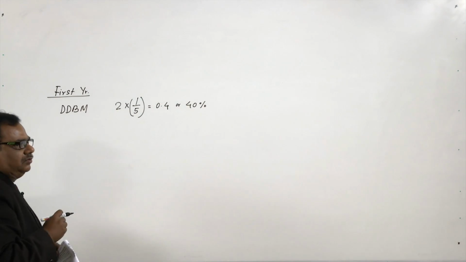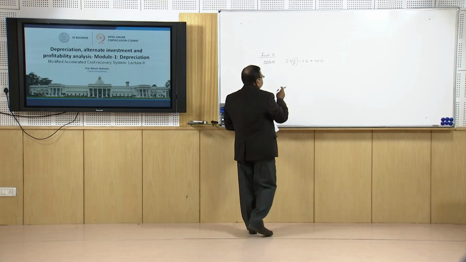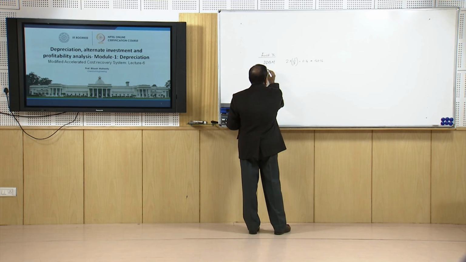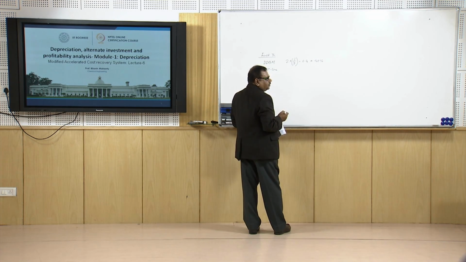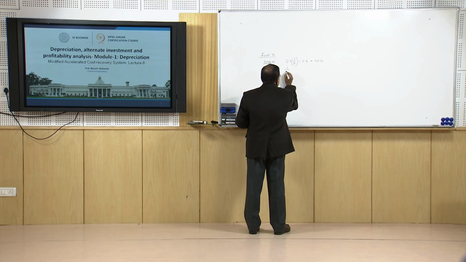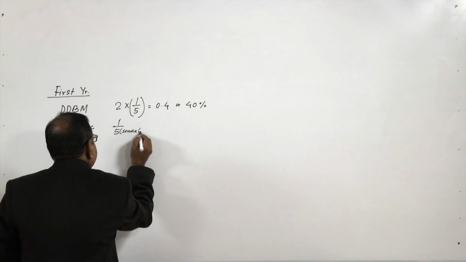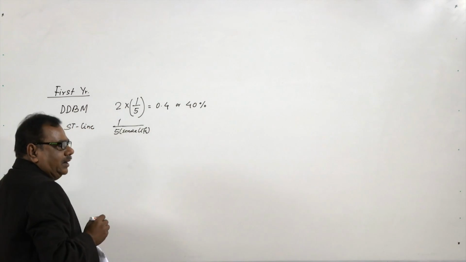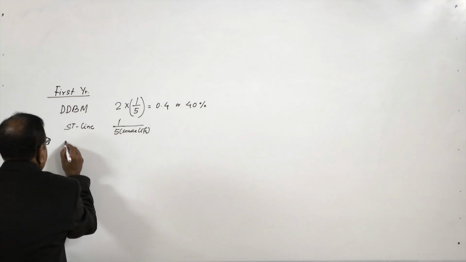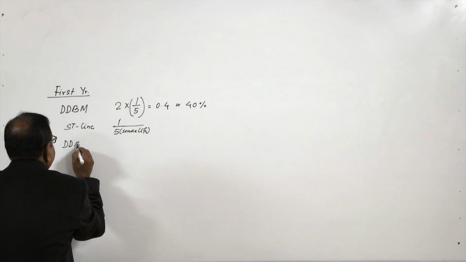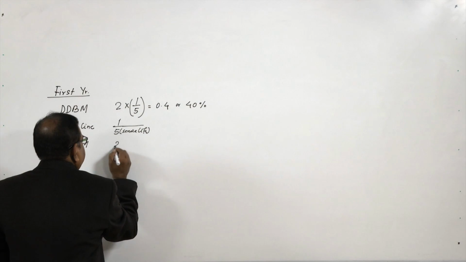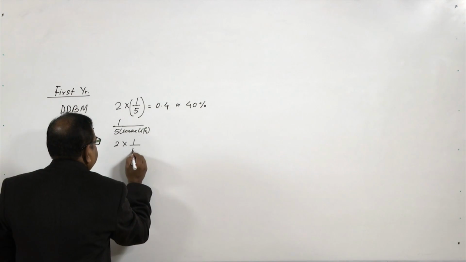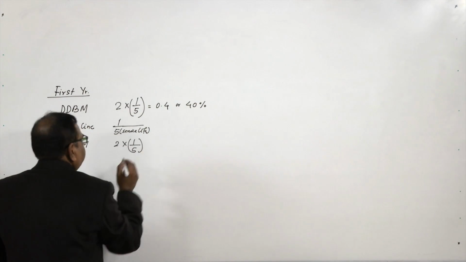As salvage value is 0, the straight line method will compute a depreciation which is 1 by 5, 5 is service life, and for a double declining balance method this becomes 2 times and thus 2 by 1 by 5.